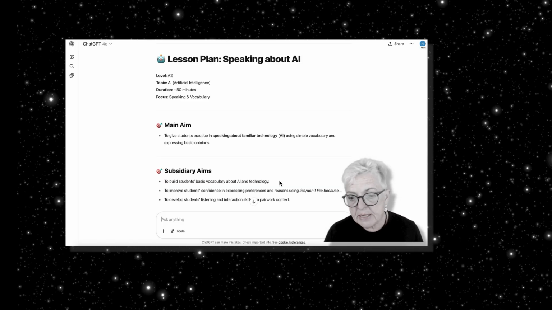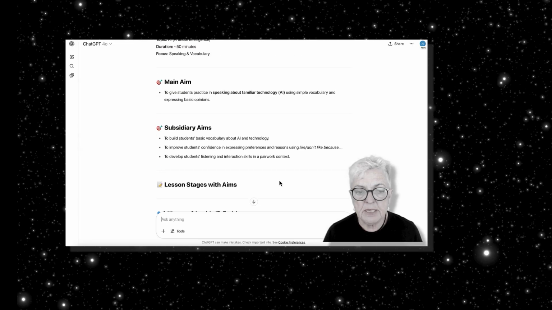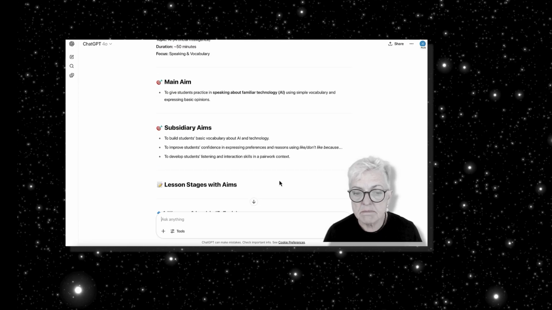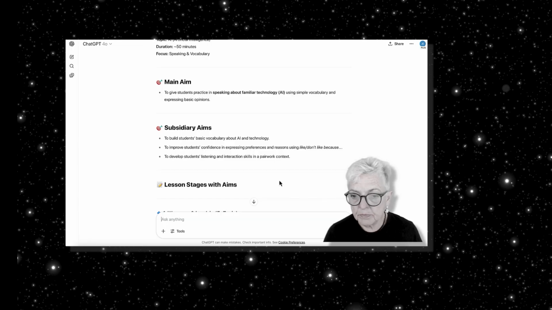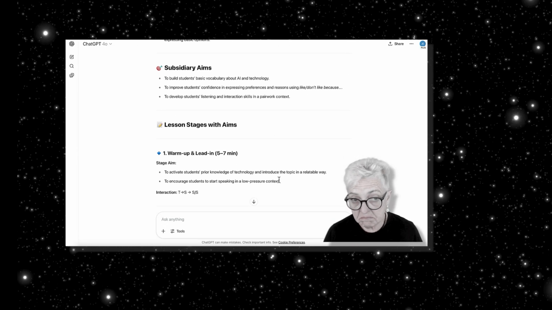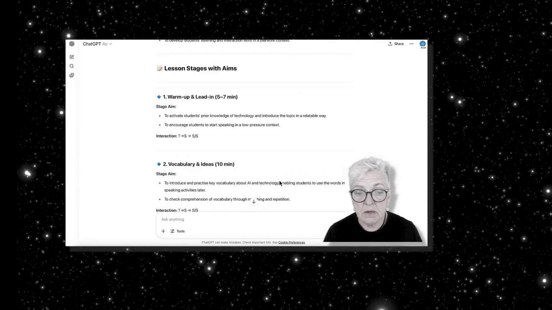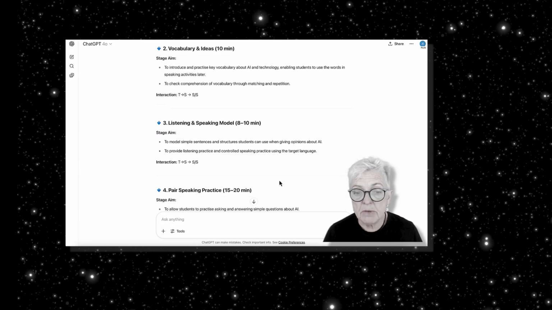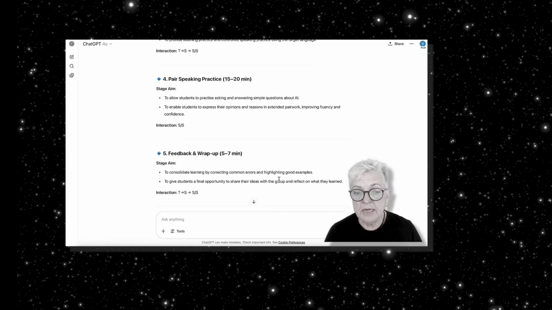Okay, so it hasn't specified the vocabulary, that's right though. Subsidiary aims or secondary aims. Okay, so they've picked up on the language of preferences. Fine. Okay. So this is a vocabulary to listening and speaking lesson.